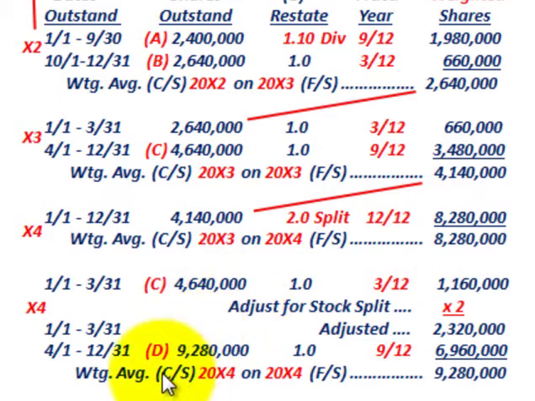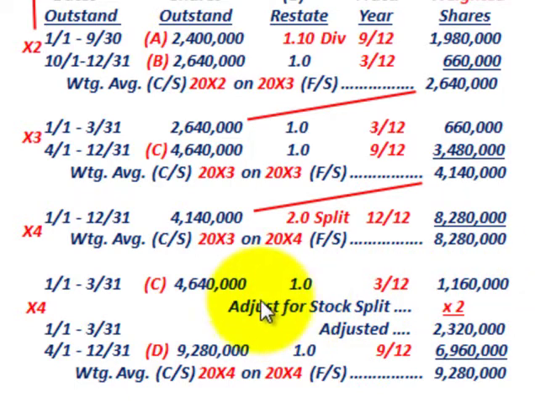Okay, so now we're going to move down and look at the weighted average, how we'd report the common stock for 20X4 on the 20X4 financial statement. For the first 3 months of the year, what we have is 4,640,000. There's no adjustment to restate it, but that's outstanding for the 3 months. So 3/12 of the year, we get 1,160,000 shares.